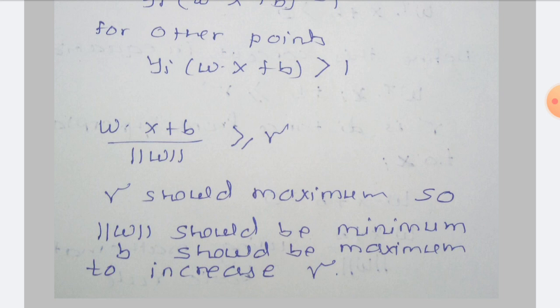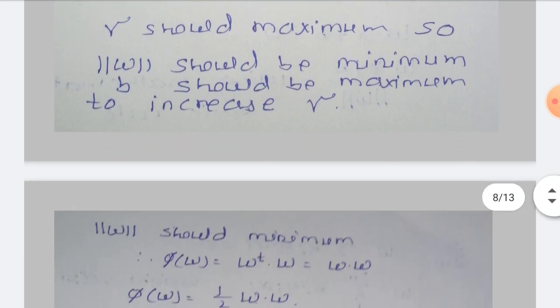For that, we need to change two parameters. To get maximum gamma, we must have mod of W at minimum value and b should be maximum. Now, how do we reduce this mod W value and increase the value of b?